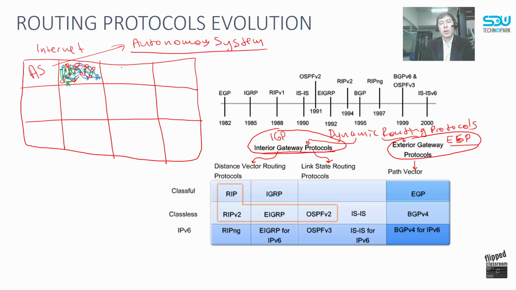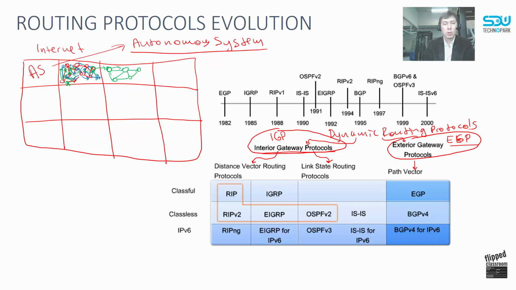And to provide a limited amount of convergence time, to decrease the convergence time, we have the autonomous system, so that all routers inside the autonomous system will learn about these changes, and afterward only a single packet will travel from one autonomous system to another autonomous system's router, so that this router will tell its own neighbors about these changes from the other autonomous system.